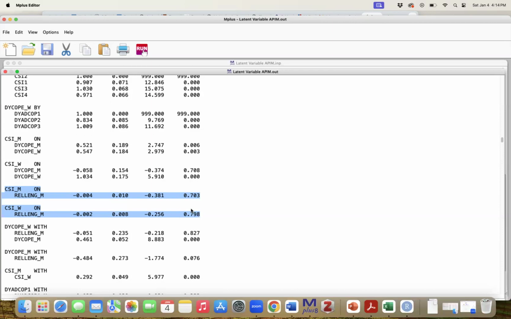Another is something that I think most people, most of the time, gloss over. And by most people, I mean 98 or 99% of people gloss over. Maybe there's an untested interaction here, where the effect of relationship length on CSI, couple satisfaction index, is moderated, or I should say amplified, by dyadic coping, right?